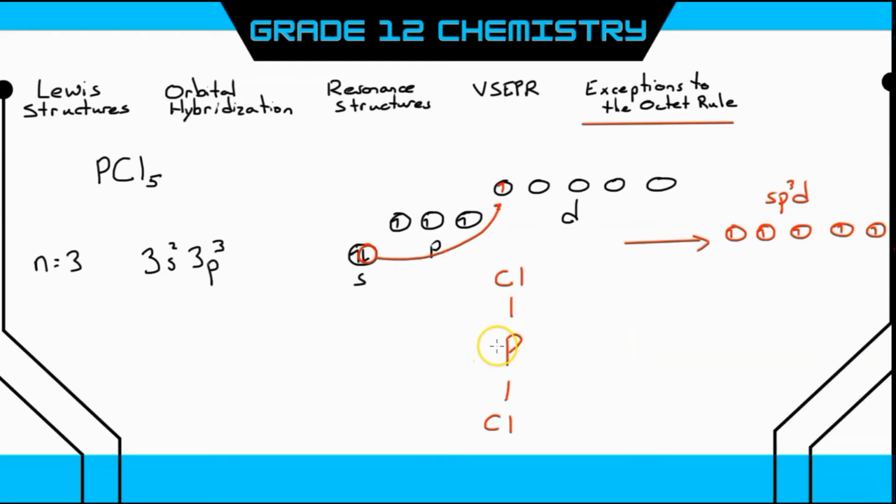So something like this, where we have a chlorine here, something going behind here, and in front here. So that's our trigonal shape right here, but it's not on one plane. We got something above, sort of like a pyramid above and a pyramid below. So we call this shape a trigonal bipyramidal.